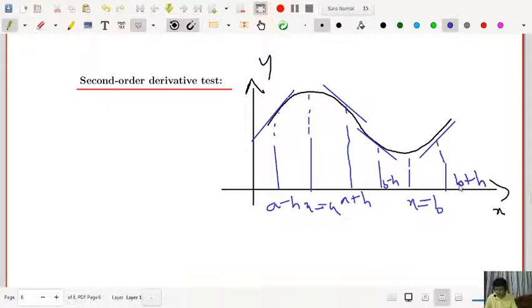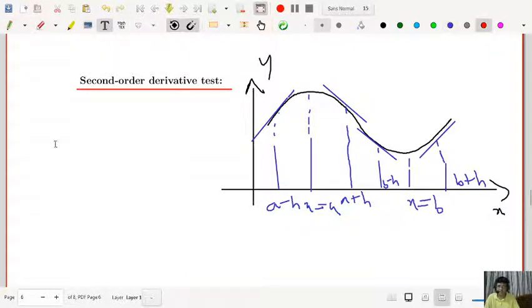Okay, now look at that. As x increases from a minus h to a plus h, the function dy/dx continuously decreases.